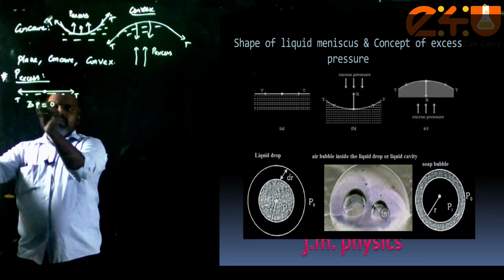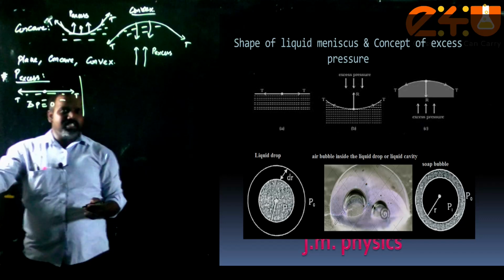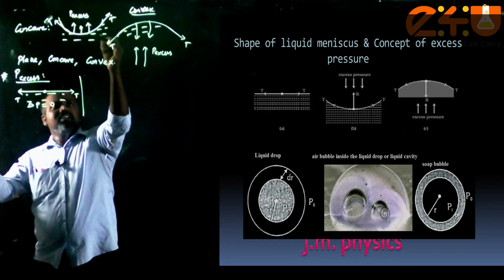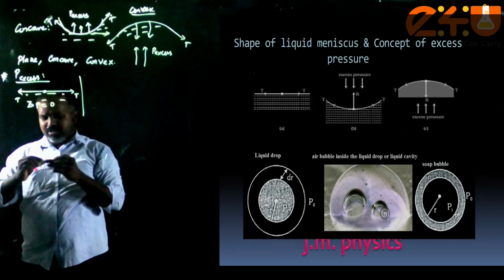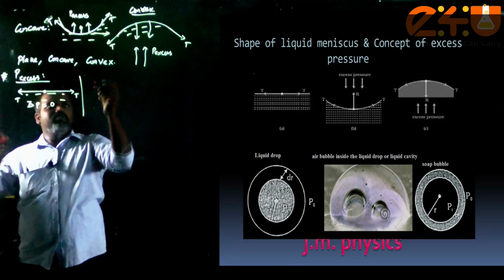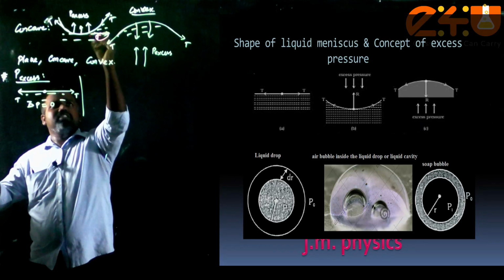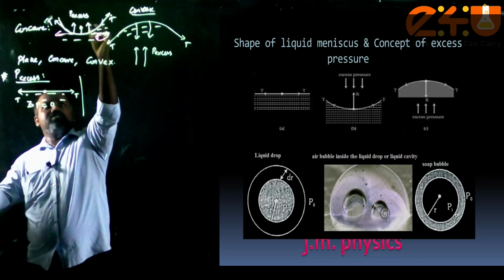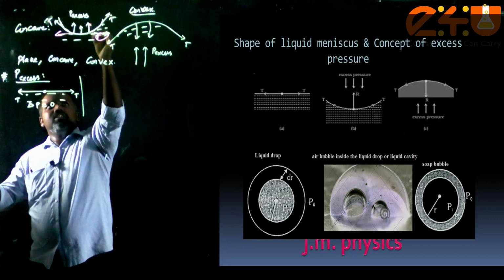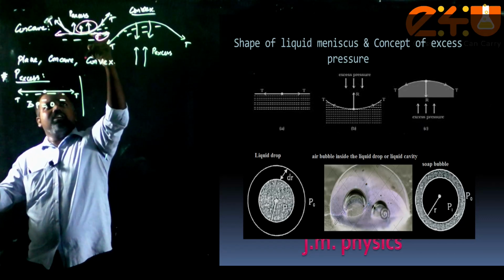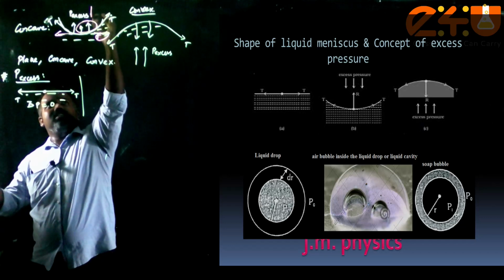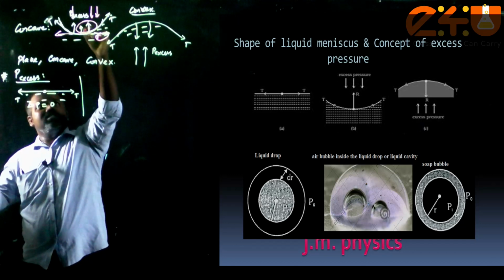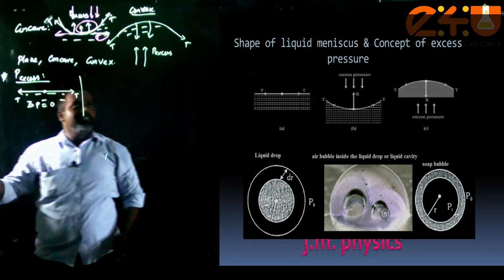But in the case of the concave meniscus, the horizontal force components get cancelled out, and only non-zero forces exist due to the surface tension. In order to balance that, there will be excess pressure acting on this concave meniscus or surface to make a stable equilibrium condition.